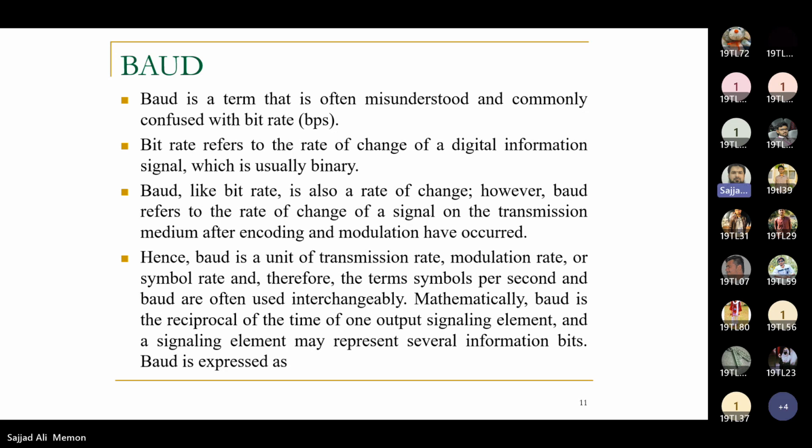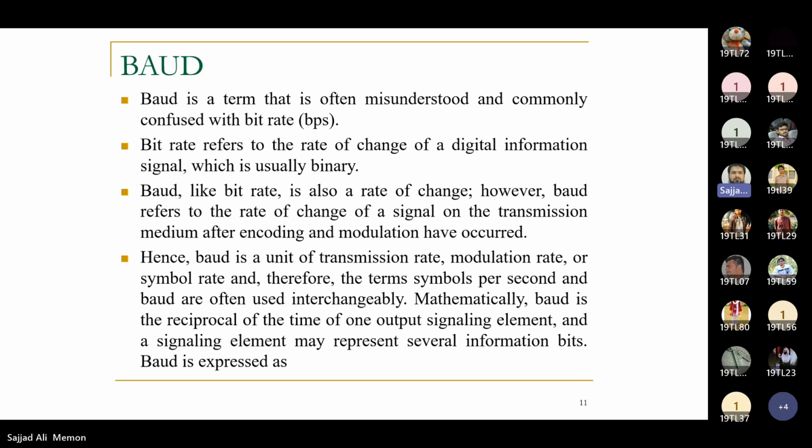All these definitions are mathematically the same. So baud is the reciprocal of the time of one output signaling element, and a signaling element may represent several information bits. So it's not necessary that baud rate and bit rate should be equal.